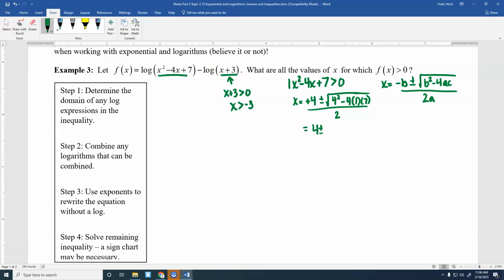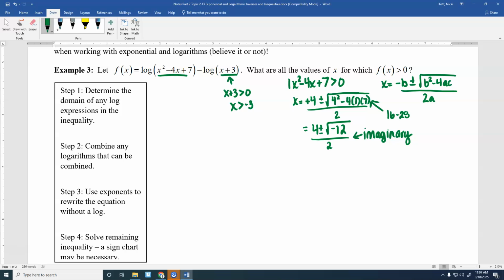It would have been easier if I factored it, but we're going to get 16 minus 28 right here on that part. 16 minus 28, which is going to give us negative 12 all over 2. That's going to be imaginary because you got a negative underneath the square root.